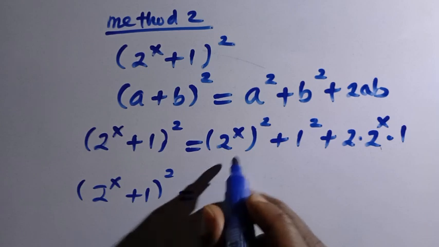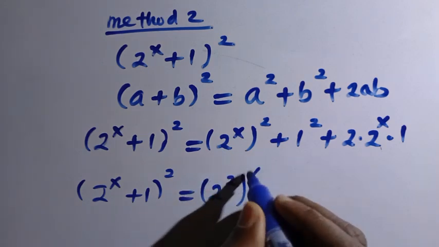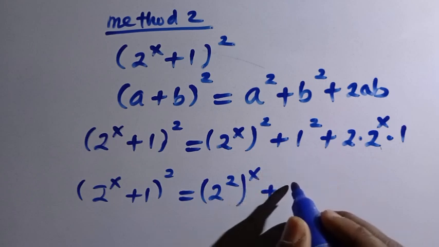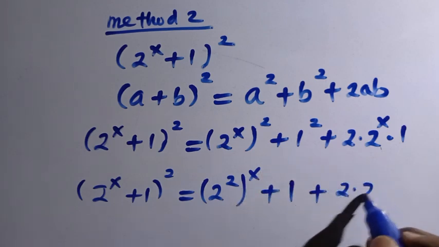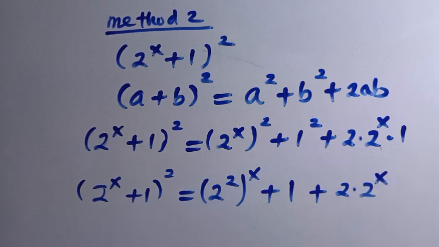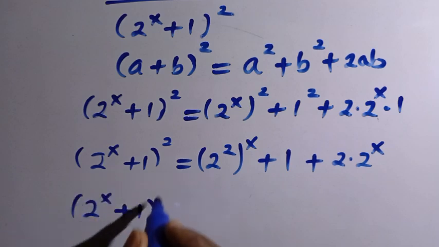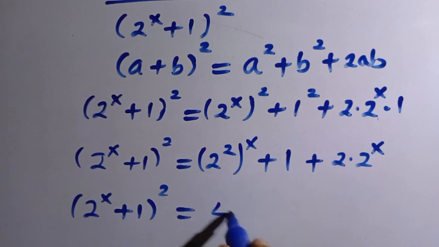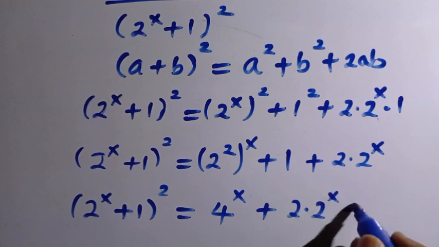This equals, so we have to switch this, and this becomes 2 power 2 raised to power of x plus, 1 squared is 1, then plus 2 multiplied by 2 power x. And from here, we have 2 power x plus 1 raised to power 2 equals 4 raised to power x plus 2 multiplied by 2 power x plus 1.